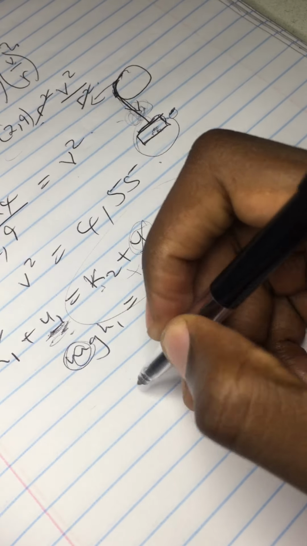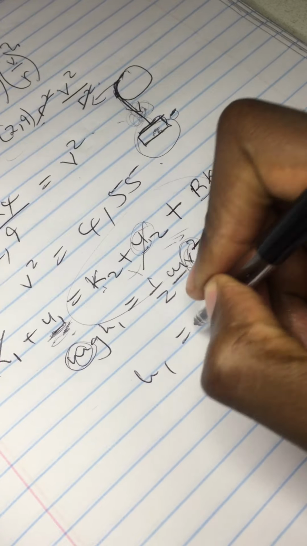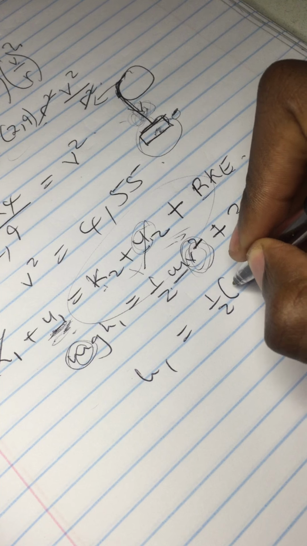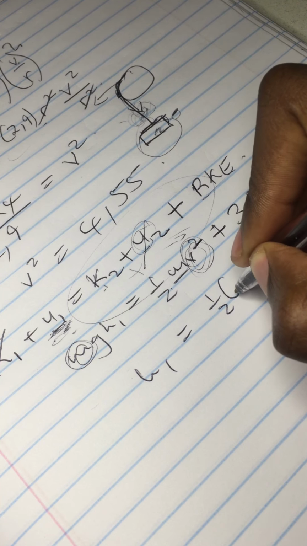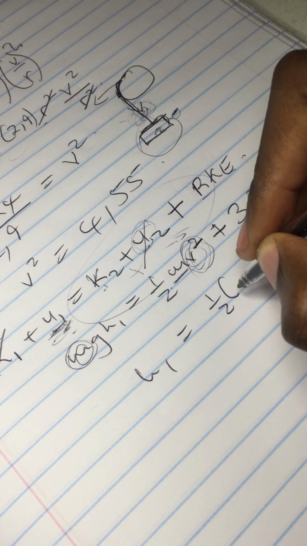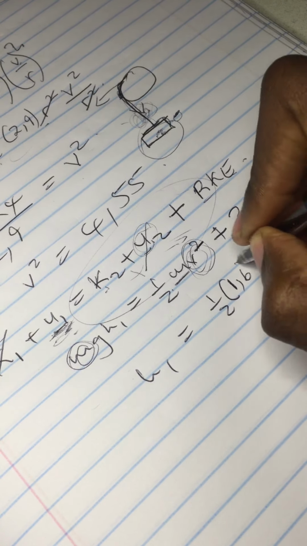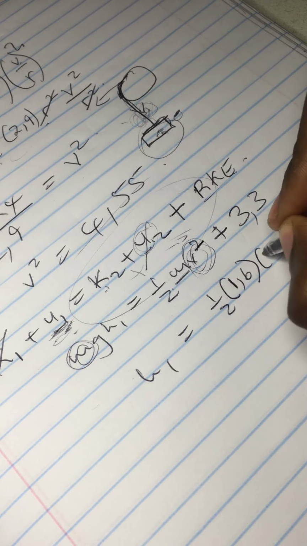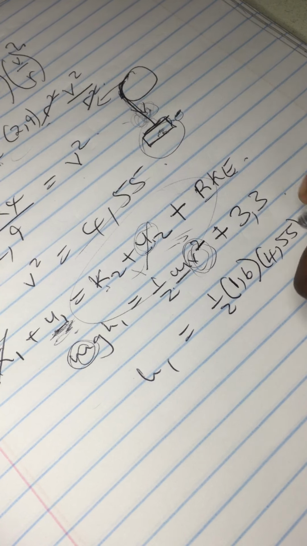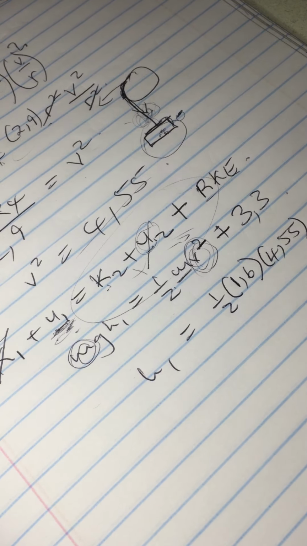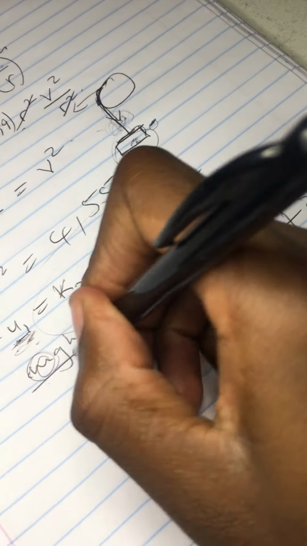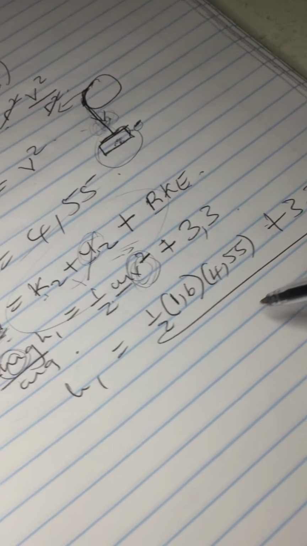So that's going to give us h1 equals 1 over 2, and this mass, which is 1.6 if I'm not mistaken. Let me check. Yes, it's 1.6. And our v squared, we have it as 4.55, right? So we're going to just write 4.55 where we have v squared, and we say plus 3.3, right? Then we divide by mg, which is the mass of the stone times g.